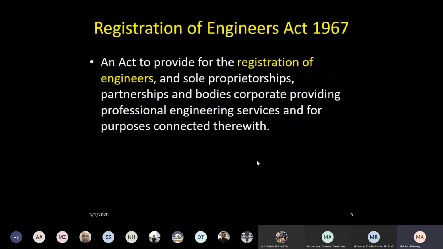And bodies corporate. Bodies corporate is a company, Sendirian Berhad or Berhad company. Sole proprietorship and partnership can be a business or enterprise which provides professional engineering services and for purposes connected therewith.